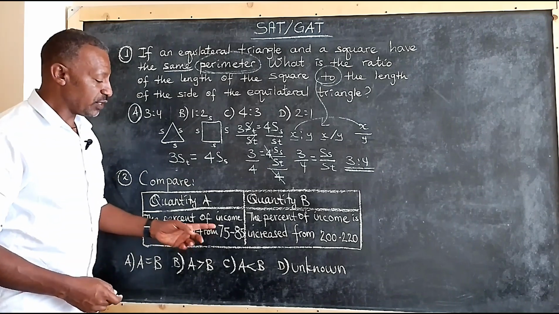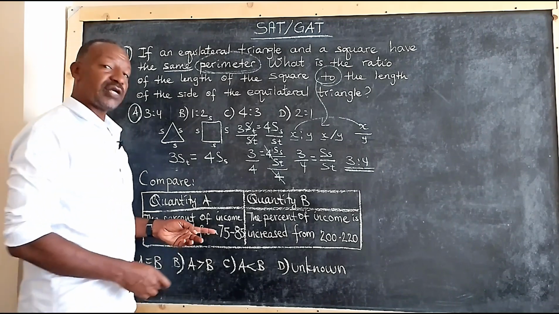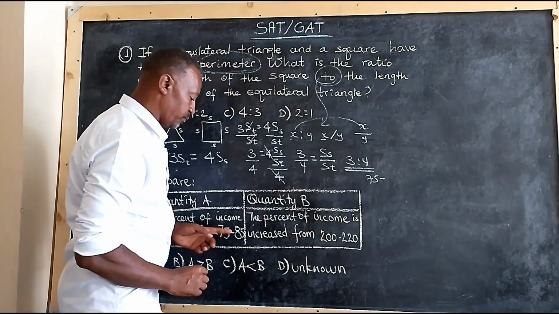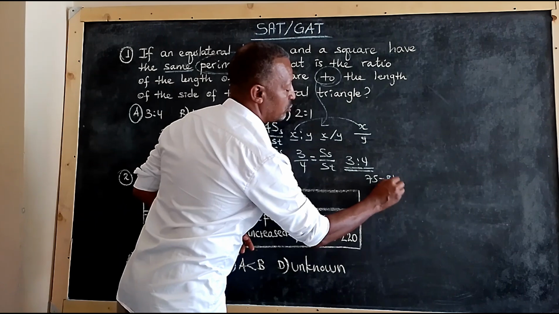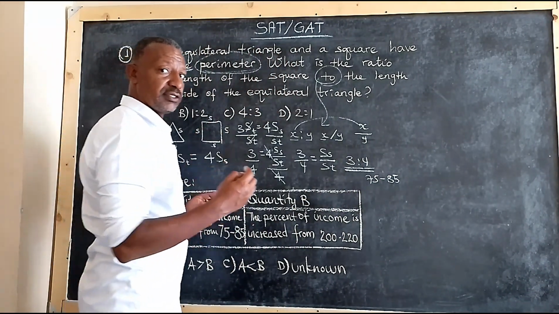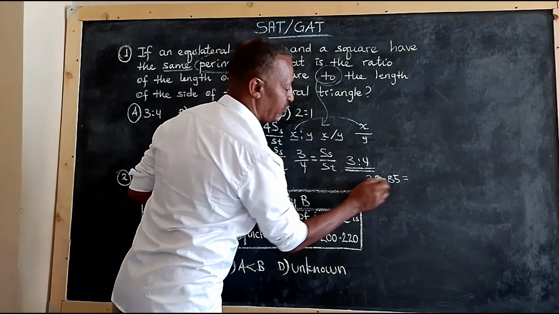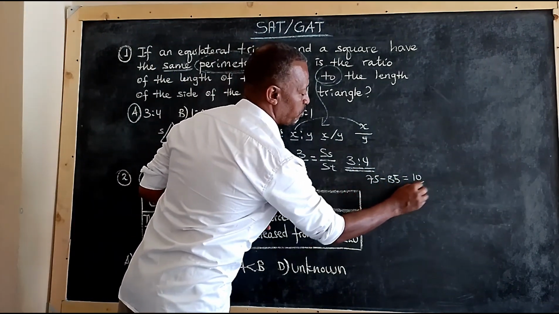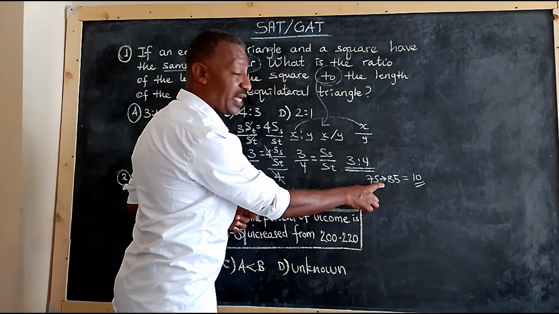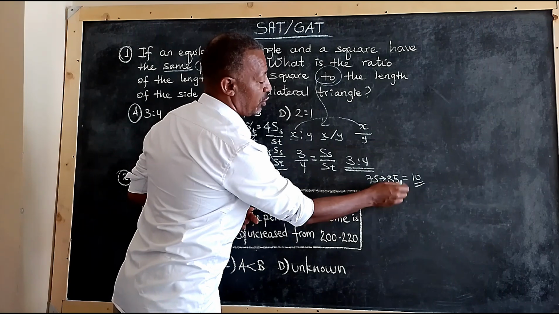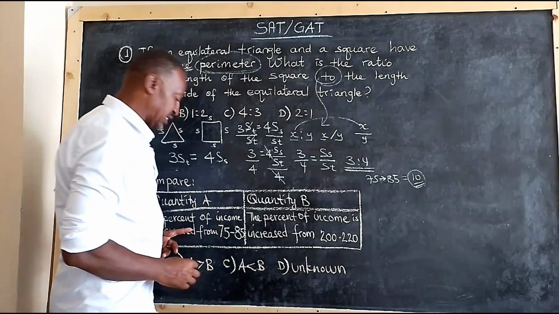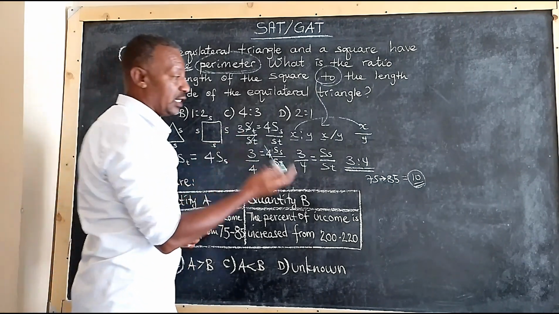It's very simple. First, we have to analyze this category. The person got 75, and then increased from 75 to $85. How much more did he get? $10 more, because 85 minus 75 is 10. So we are going to find the percentage increase from the original.